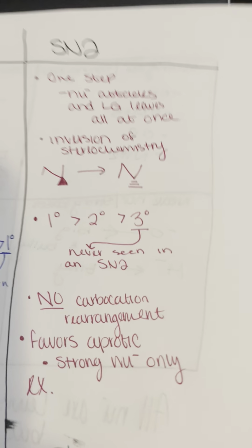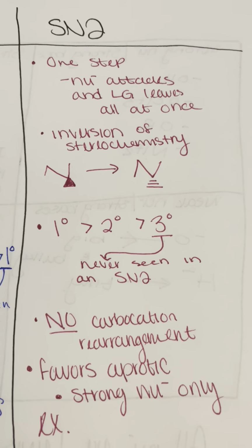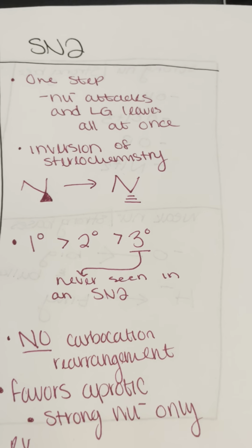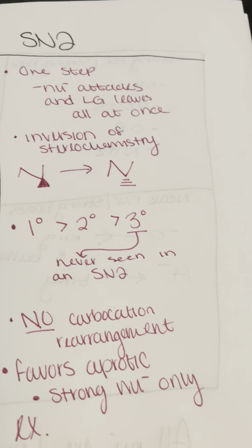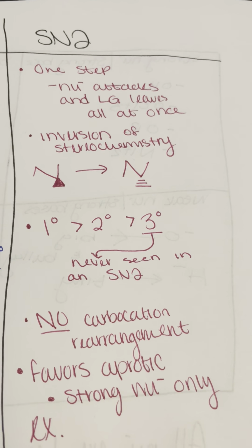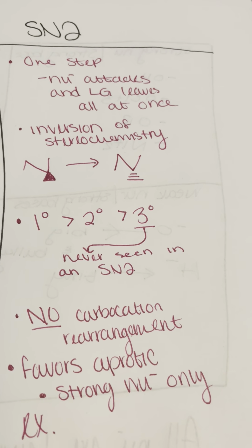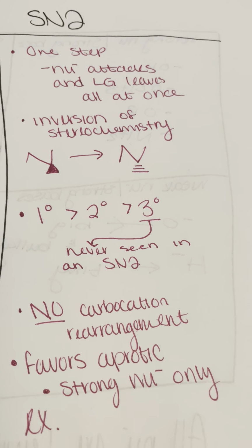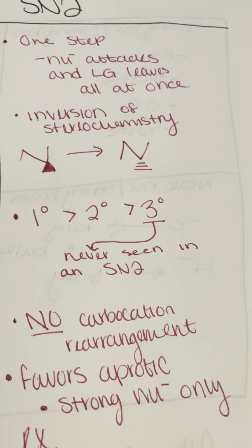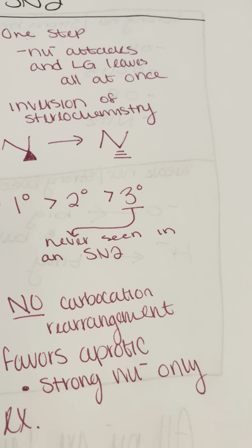Now on to SN2. This is a one-step mechanism where the nucleophile attacks and the leaving group leaves all at one time. And in the product, you may see an inversion of stereochemistry. Stereochemistry is just the word for the wedge and the hatch.